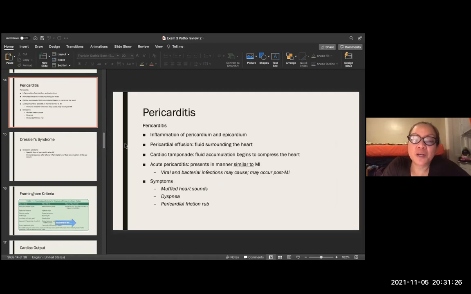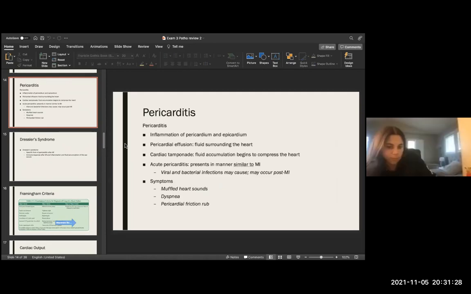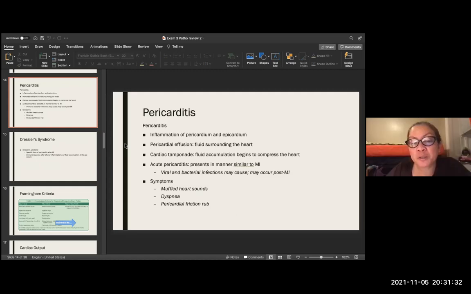Very good. You have to review the anatomy of that, because when you see it, you'll have a picture. So there is inflammation of the pericardium, happening between the peri and the epi.